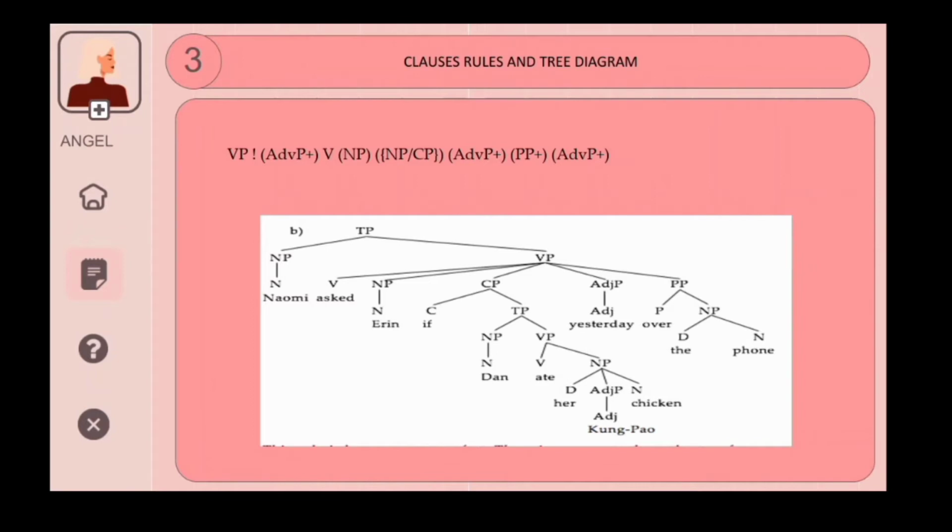So the rule is VP, verb phrase, verb "asked," and then noun phrase, then NP, CP, adverb phrase, more and more, and then PP plus, and then adverb phrase plus.